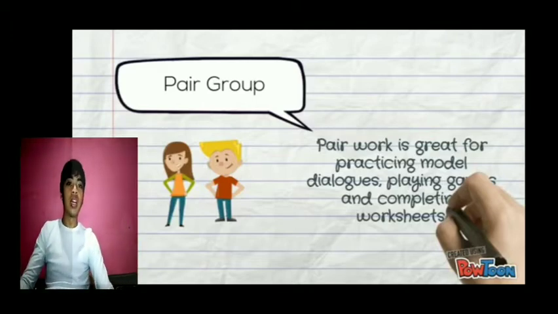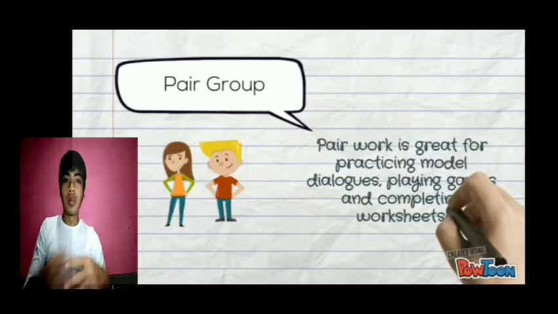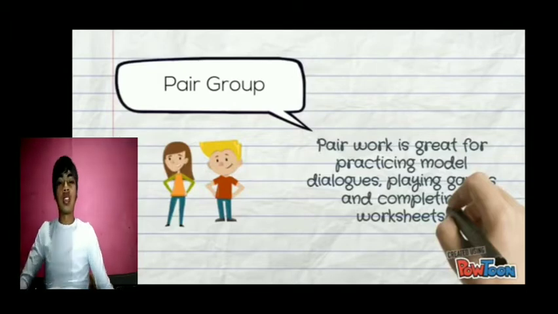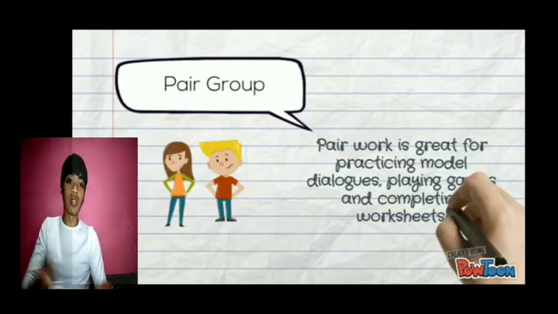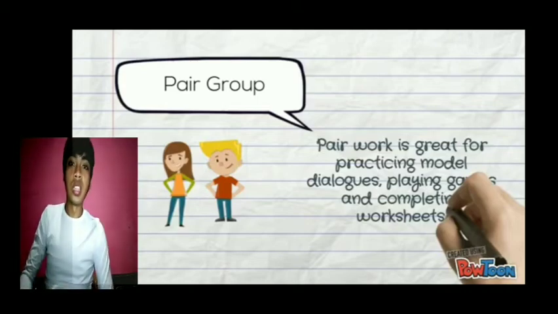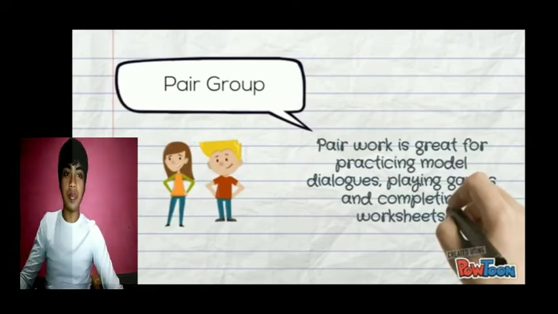It means that we can discuss together about the problem or the material, and it is relatively quick, more quick than the other ways, and it is easy to organize.